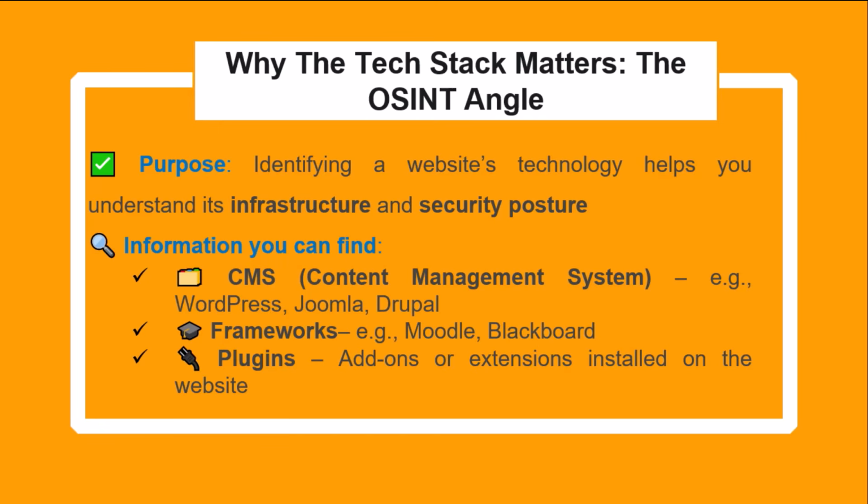It means there could be known exploitable vulnerabilities. From these tools, we can find key information like the CMS or content management system like WordPress or Drupal, the LMS or learning management system if it's an educational site, specific plugins and their versions, and much more like the web server type, frameworks, and analytics tools.